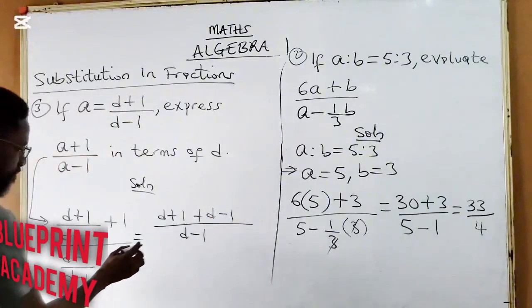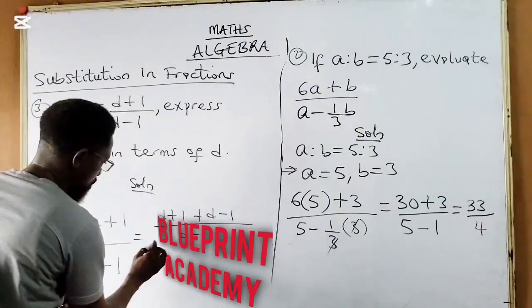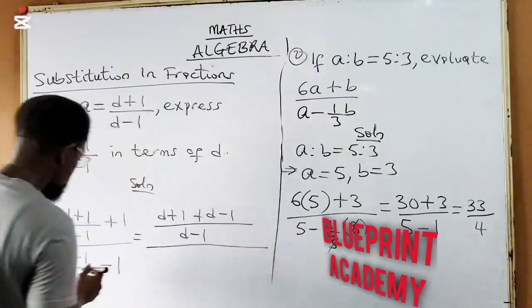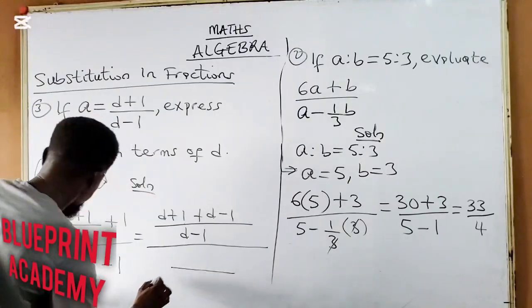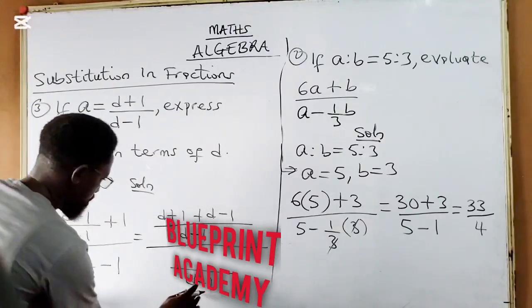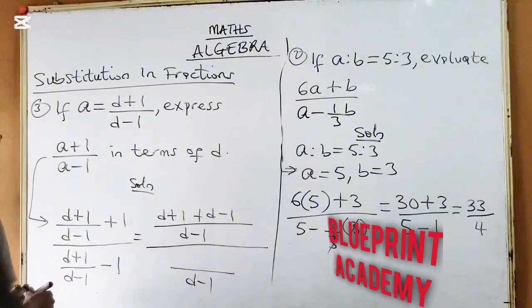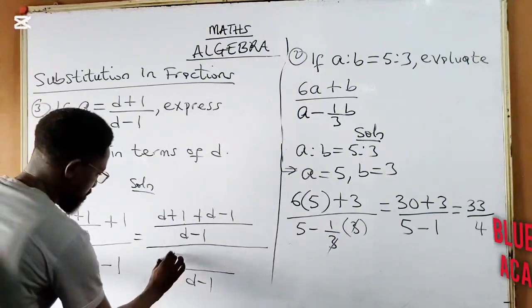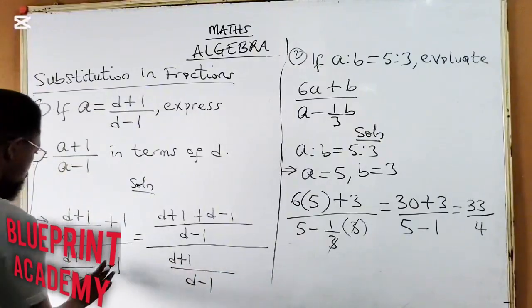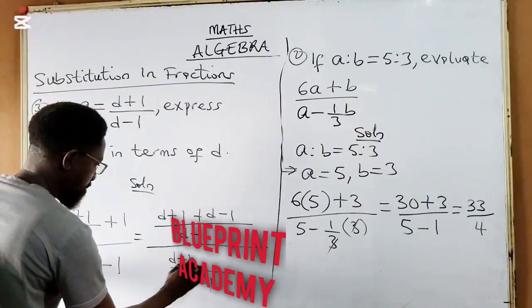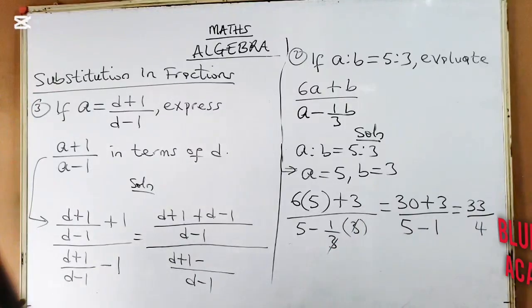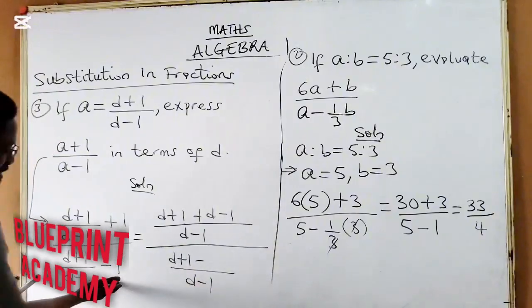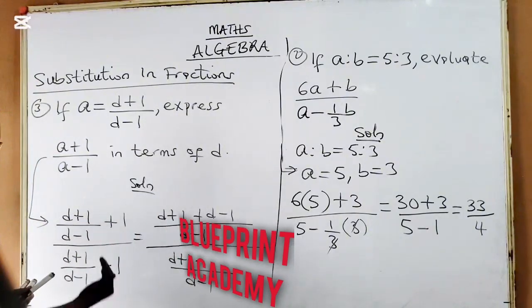Then for the denominator, the LCM is D minus 1. So D minus 1 divided by D minus 1 is 1. Then 1 times D plus 1. Then we have minus sign there. Then, of course, this is the same as 1 over 1, so D minus 1 divided by 1 is D minus 1.